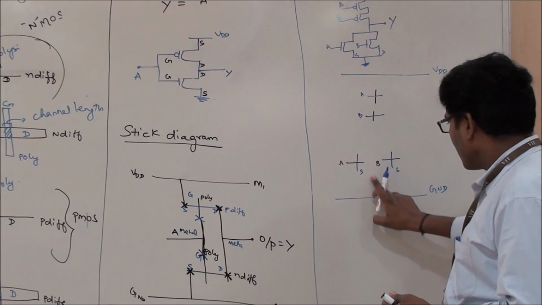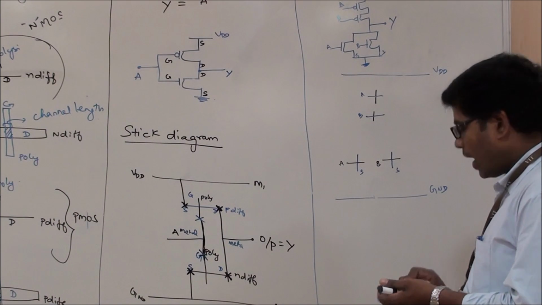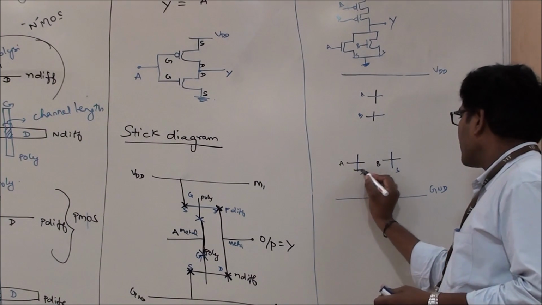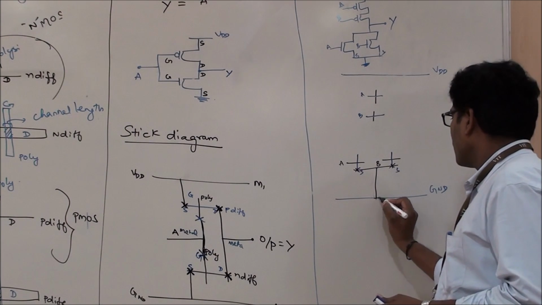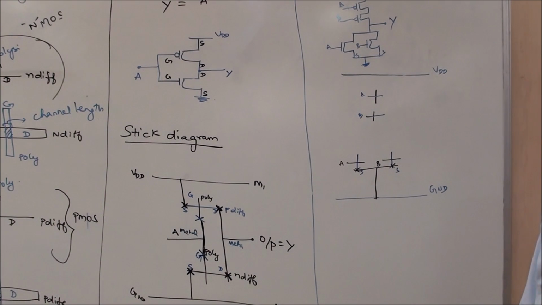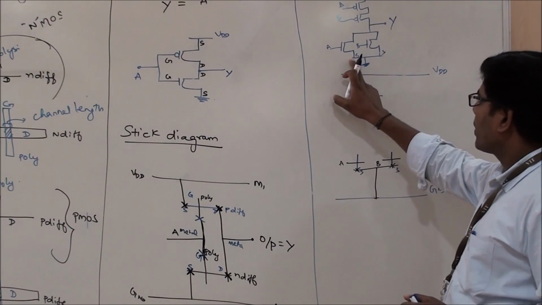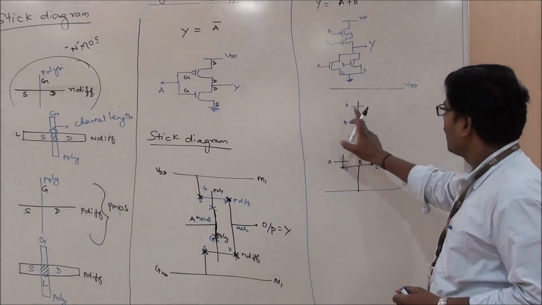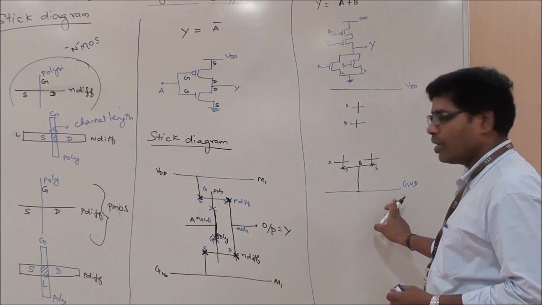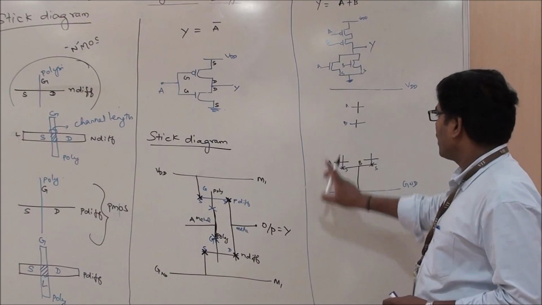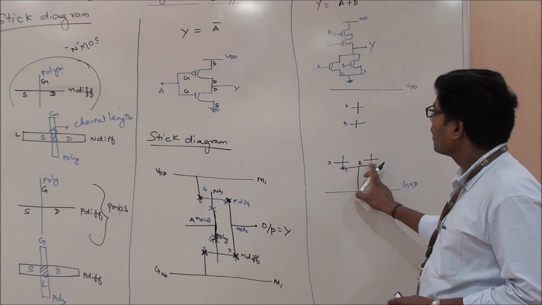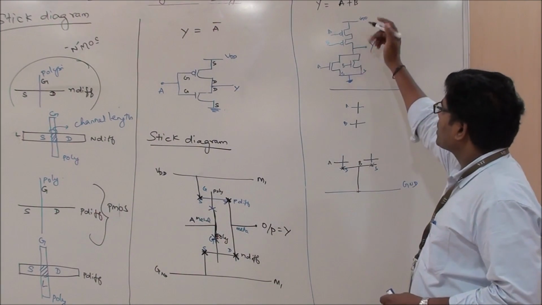Let me use a metal line and connect these sources to ground. So typically I am connecting these two sources and connecting that to the metal line ground. Similarly, A and B are my gate terminals. The same thing could also be seen here.